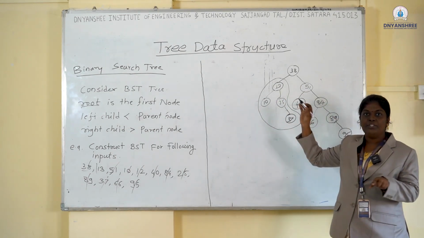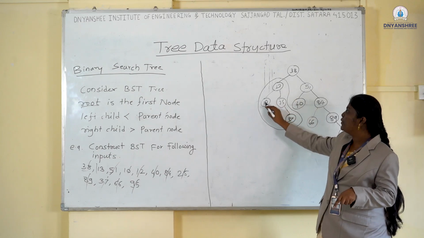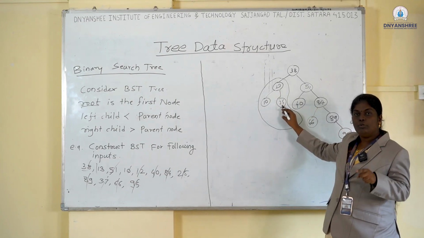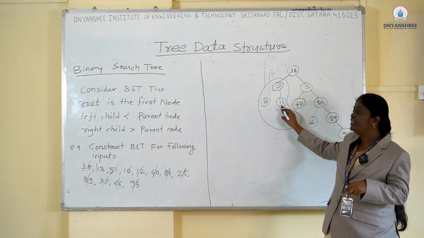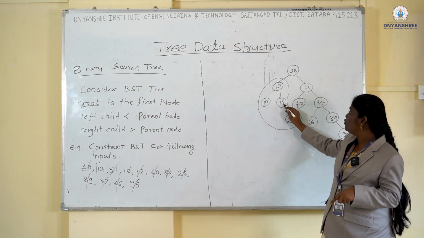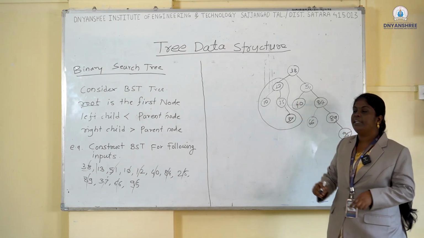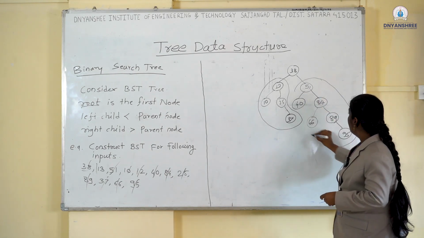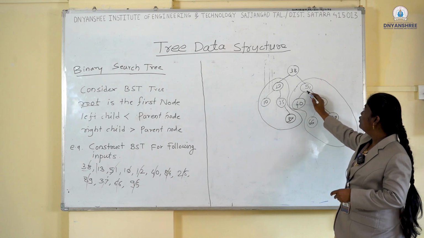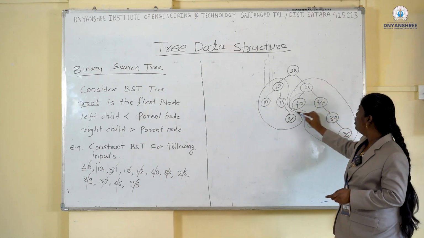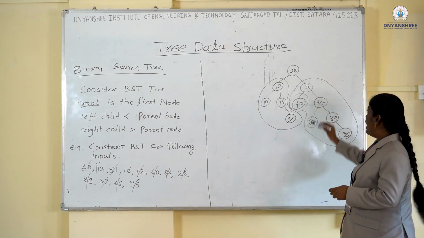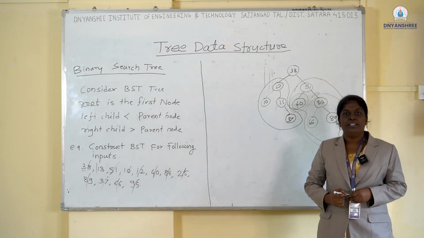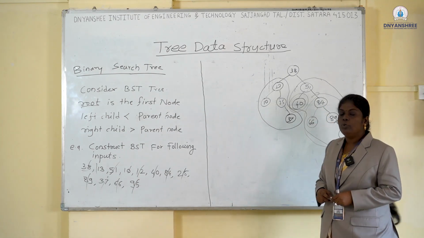All the elements smaller than 13 are present in the left subtree, and all the nodes greater than 13 are present in the right subtree. So 25 and 37 are greater than the node 13. Similarly for this right subtree, to the left we have all the nodes which are less than 51, and all the nodes greater than 51 are present on the right side of node 51.